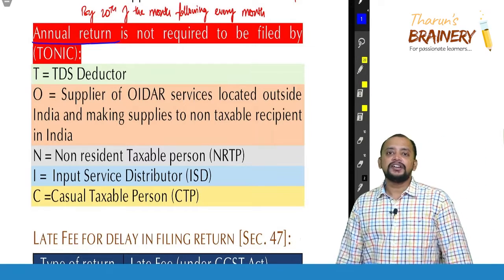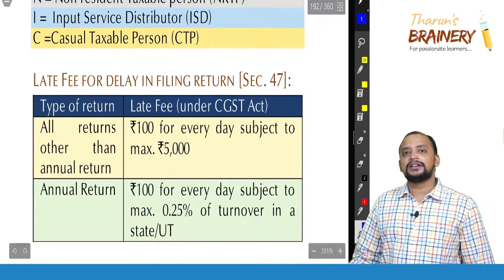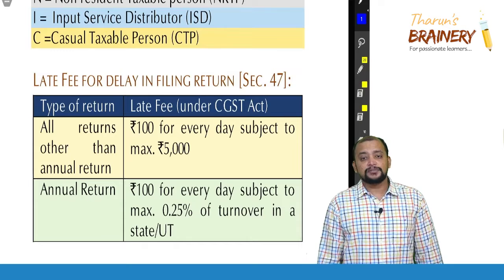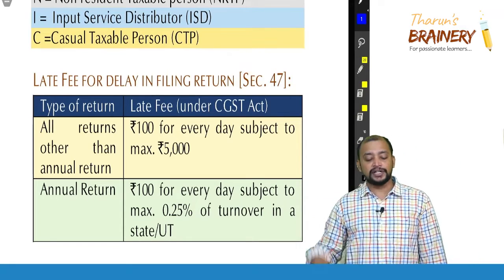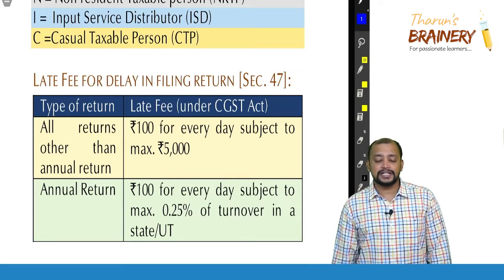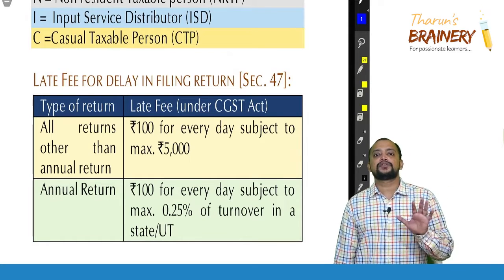Then late fee for delay in filing return. So what is that late fee, sir? Depends, sir. If it is annual return, 100 rupees per day, subject to a maximum of 0.25% of turnover in a state or union territory. Whereas all other returns other than annual return, 100 rupees per day subject to a maximum of 5,000 rupees.